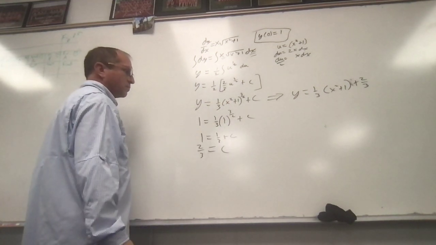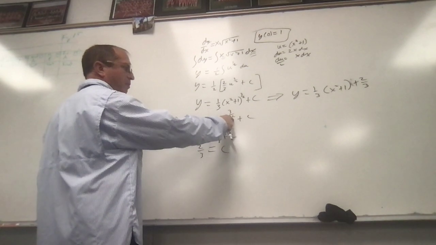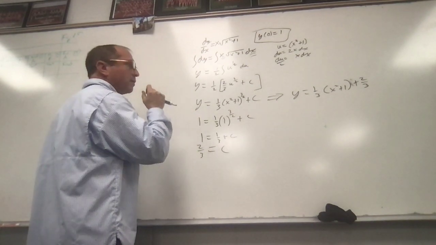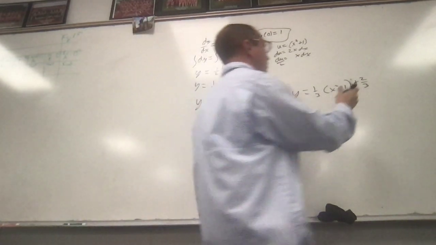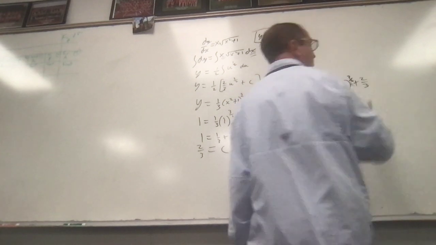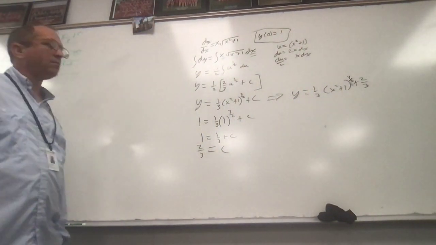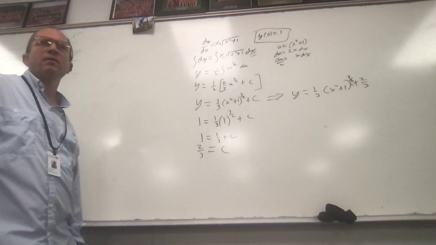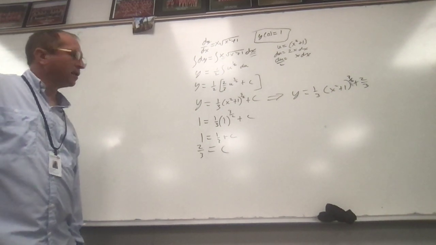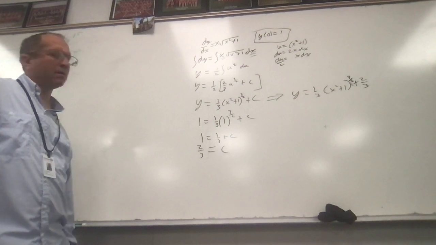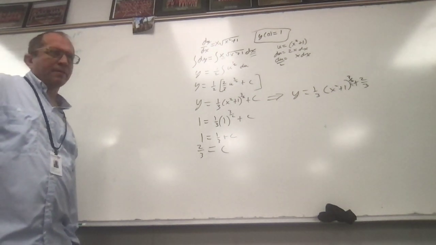Y becomes 1. Well, what's 1 to the 3/2 power? I meant, why are we solving for y? Thank you. That is to the 3/2 power. Did y'all catch that? I did, but I had a question. It should be to the 3/2 power. Thanks for catching that.